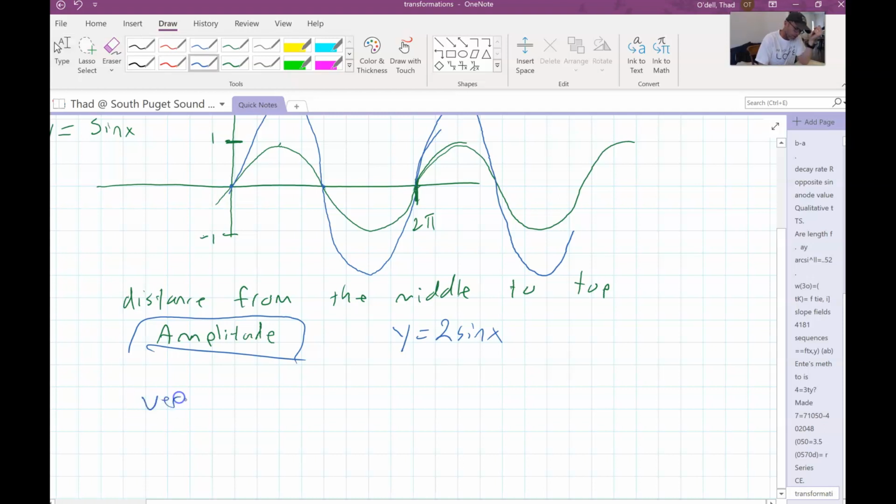So the vertical shift is really how far the middle has been displaced.